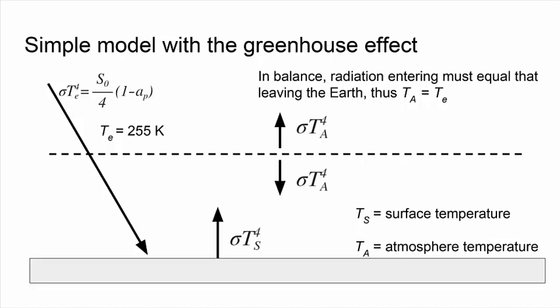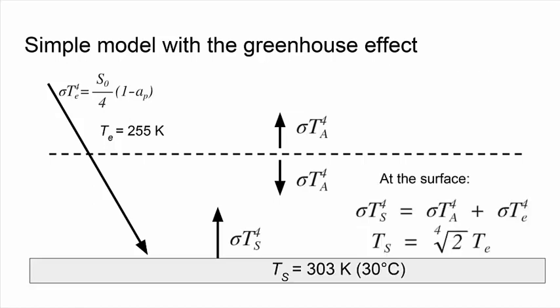So we know the temperature of the atmosphere, and then at the surface we have this balance, so that the radiation the surface is emitting is equal to both that of the downward from the atmosphere and also the incoming solar radiation. If we rearrange this equation, we can solve for the surface temperature, and we get a value of around 30 degrees Celsius.